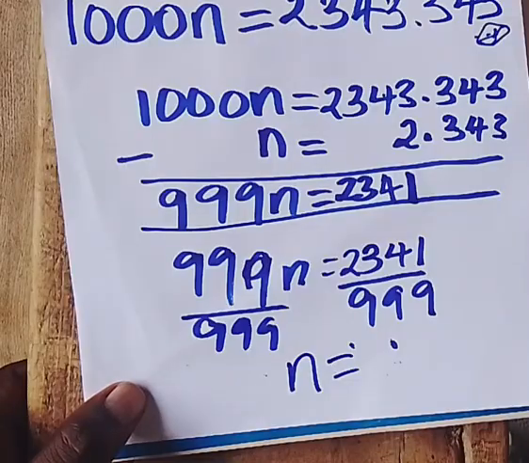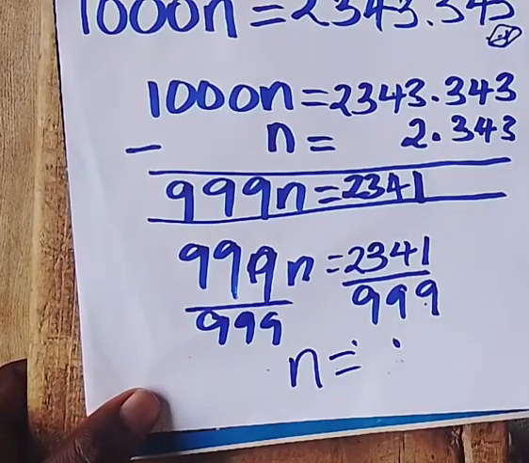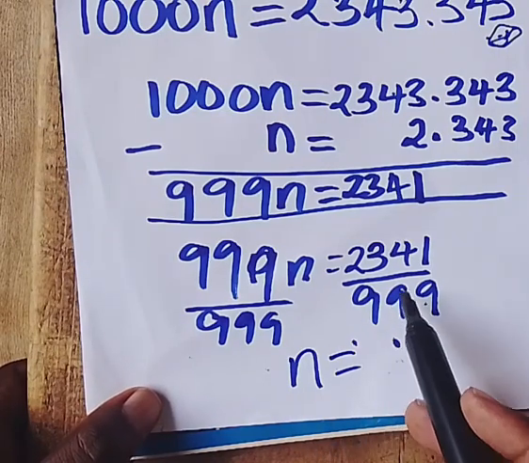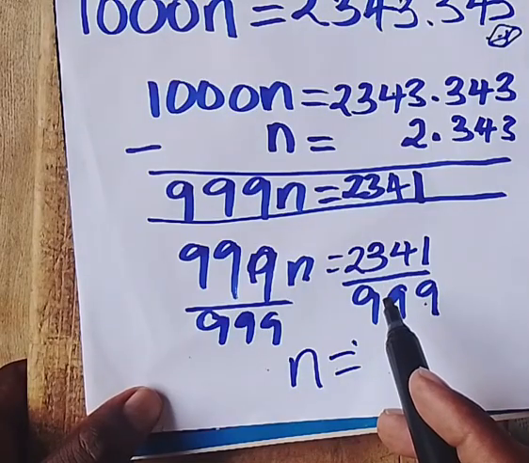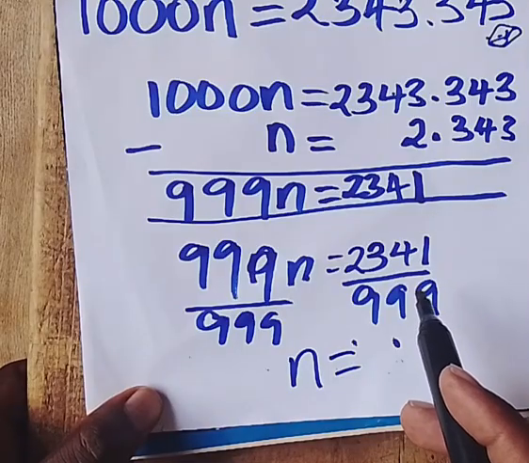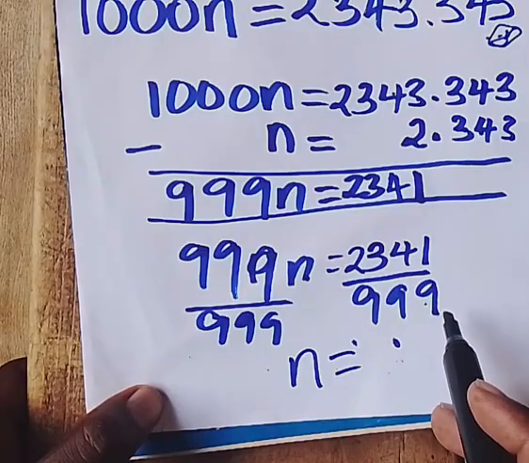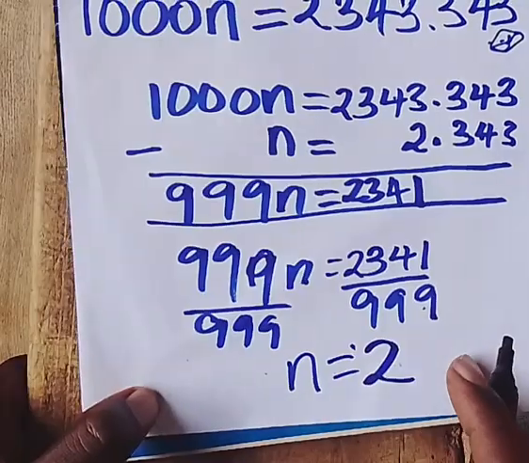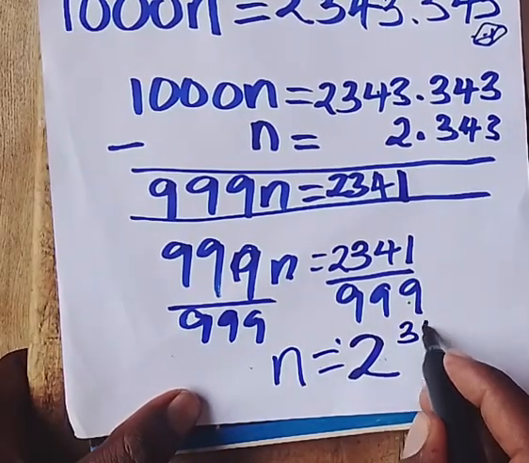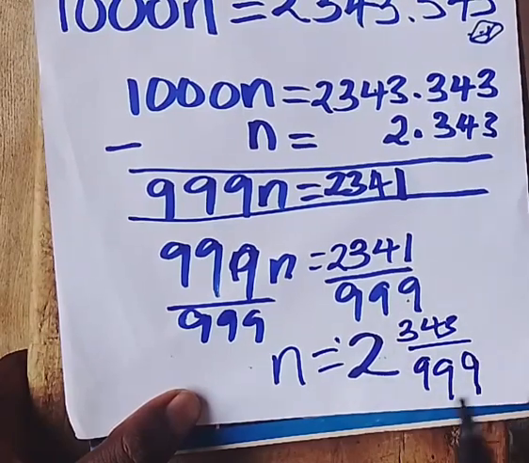will be our fraction now, whereby you can divide this one by this one to get the mixed fraction. If you have a calculator, you can just put 2341. There's a button written A, then B over C. That one, you just click it, then put 999, and you are going to get the mixed fraction as 2 and 343 over 999.